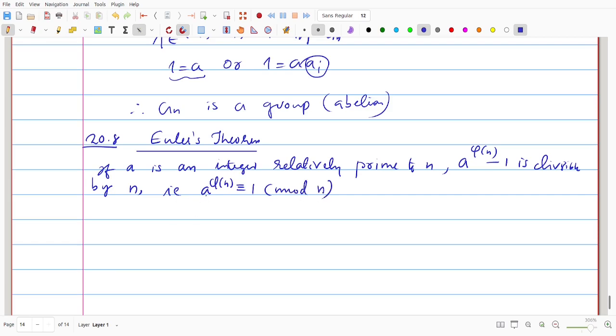How will you prove this? We know that if you choose any a belonging to Z, the only condition is that GCD of a comma n is equal to 1.